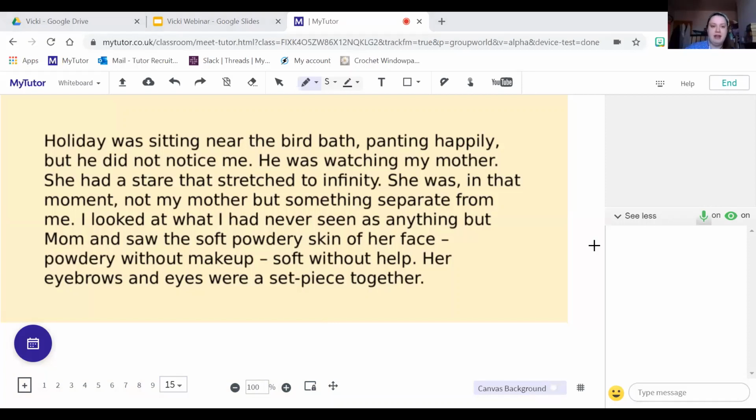Personification, yeah, lovely. So that would be here. "Holiday was sitting." Yeah, verbs and adverbs in there, but that would be words and phrases. We're looking for language features and techniques at the moment. Hyperbole, alliteration, okay.